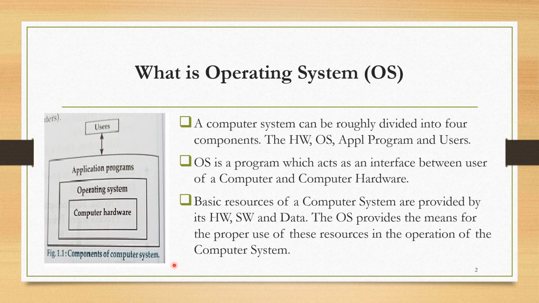OS provides the means for proper use of these in the operation of the computer system. So you have hardware, you have software, you have data also. Now how will it work? OS helps to function in such a way that you can work using these resources.